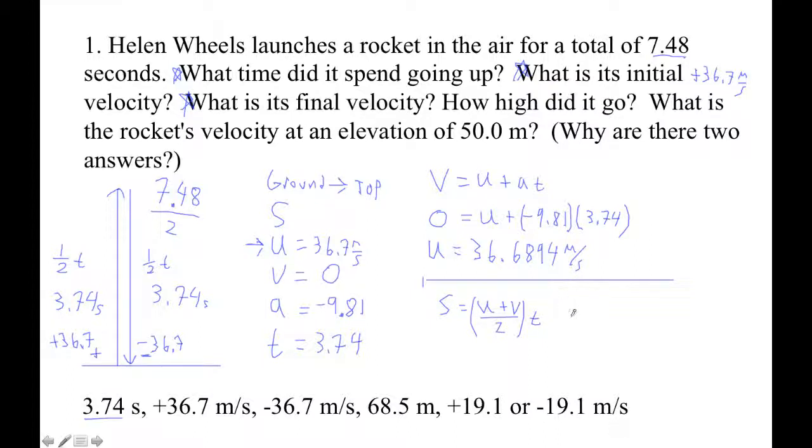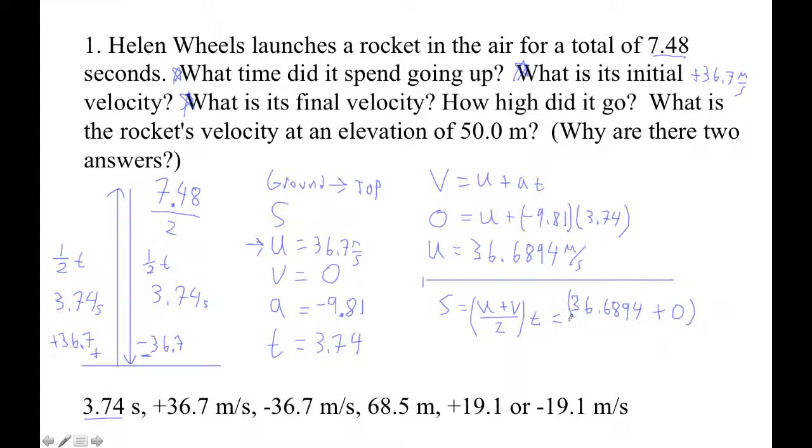So this is still ground to the top. The initial velocity is 36.6894. Notice I'm not using 36.7; I'm going to use my unrounded version here. Plus the final velocity is 0.